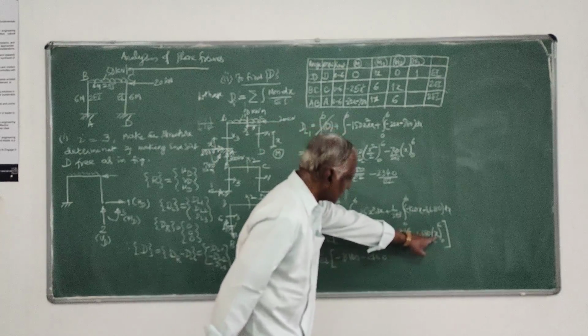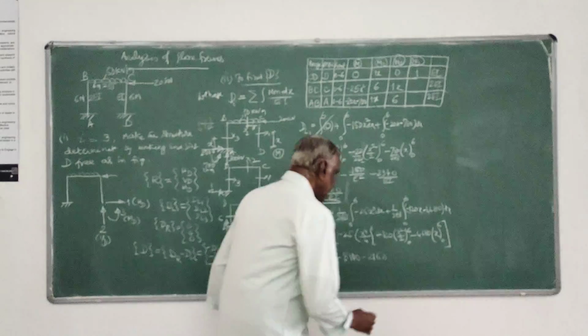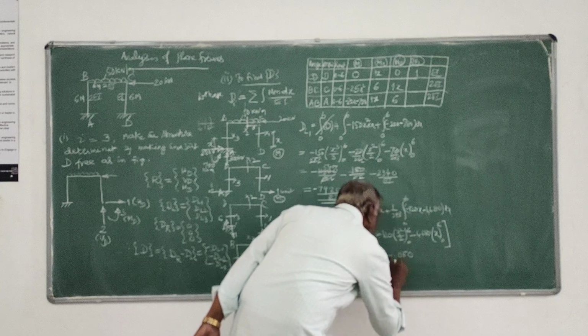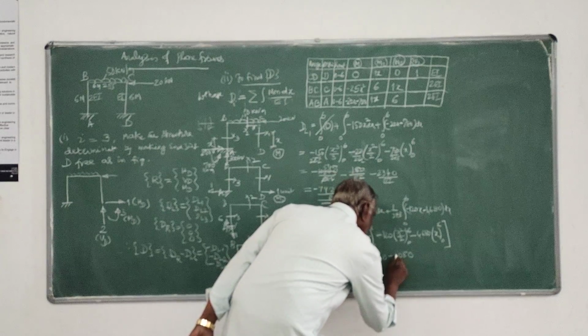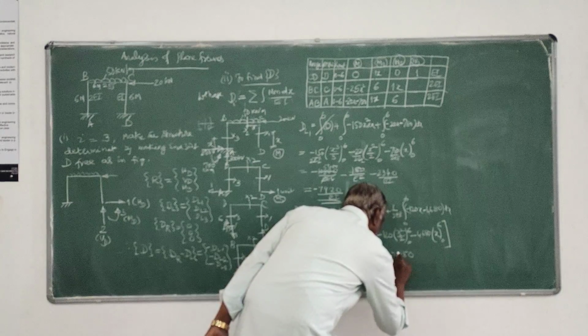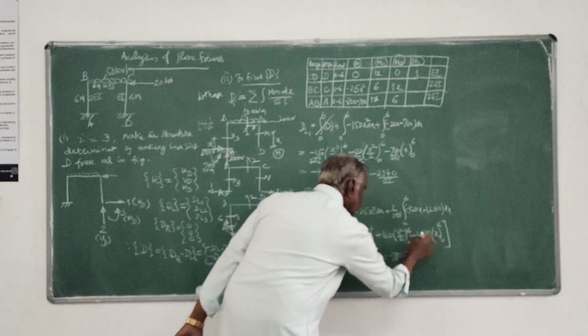Then here it is 6 into 4680, that is 28,080. Yes, sir, right, sir.